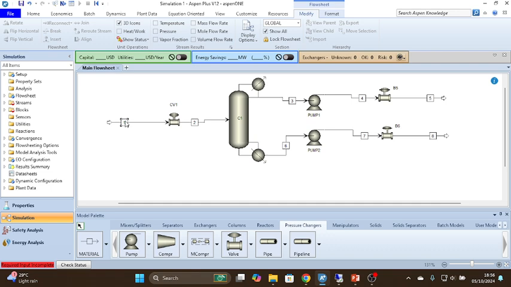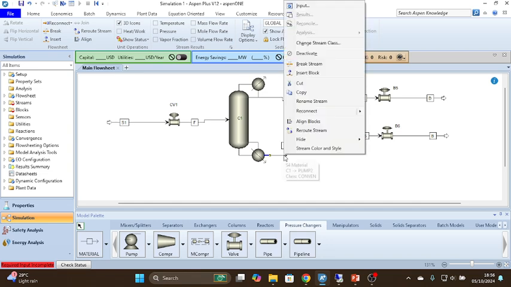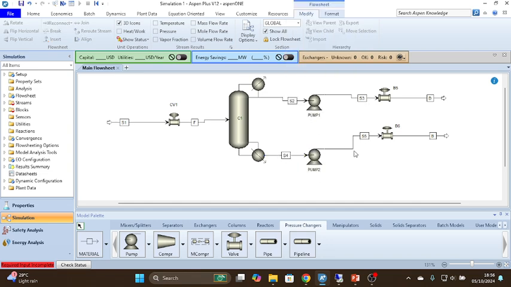Let us rename this. This is stream S1, the feed, this is S2, this is S3, this is the distillate D, this is S4, S5, and this is the bottom B. So we have these blocks.